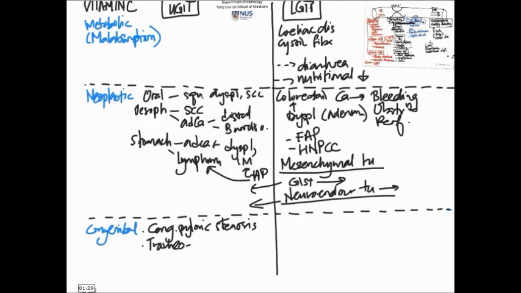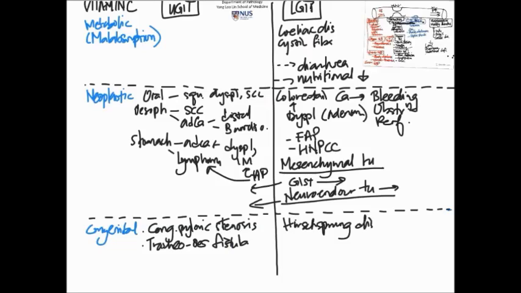Another congenital condition is tracheoesophageal fistula, and this may sometimes be associated with esophageal atresia. And the malformations here will have varying degrees of severity, which may require surgery.